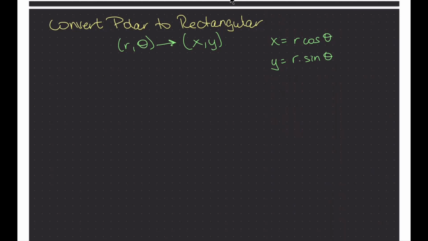Okay. So they want us to go from, let's say, (2, 3 pi over 2), and convert that into x and y.